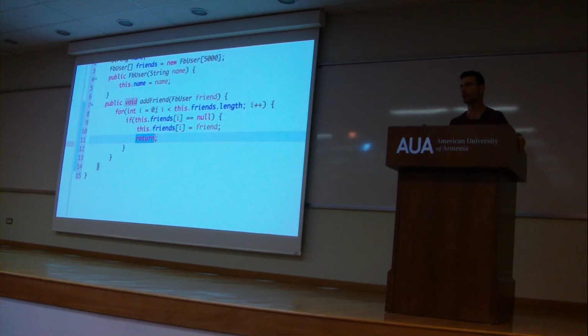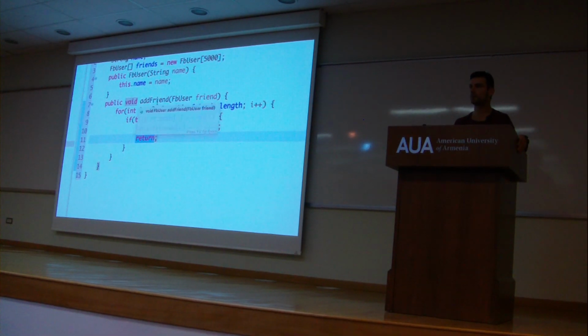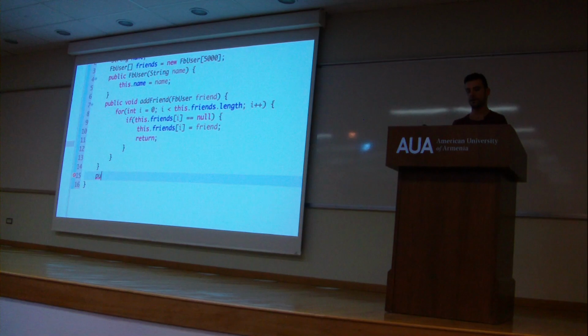All right. Any questions regarding add friend? None? Okay. How do I remove a friend? Okay. I want to remove this friend from my array. What do I do?